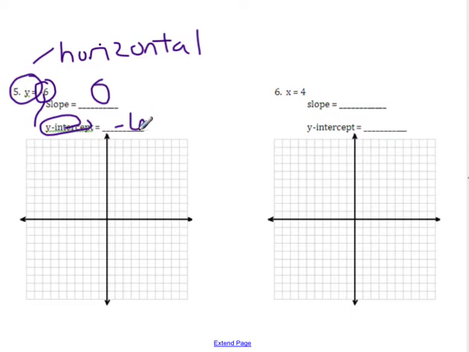So I can go ahead and find -6 on the graph. So I'm going to count down 1, 2, 3, 4, 5, 6. So I'm going to count down to that spot, and then I'm going to draw a horizontal line at y is equal to -6.